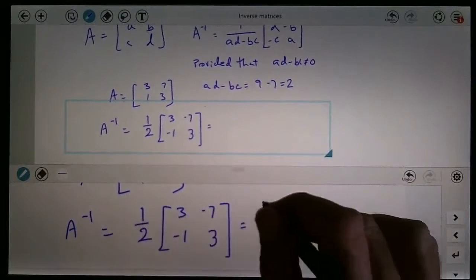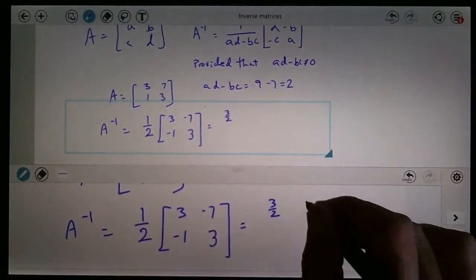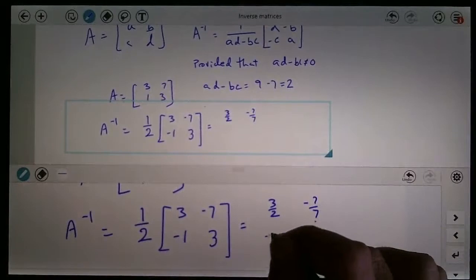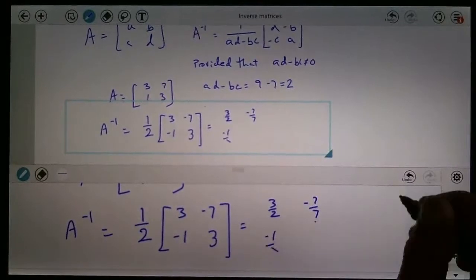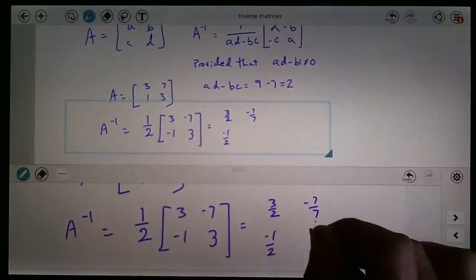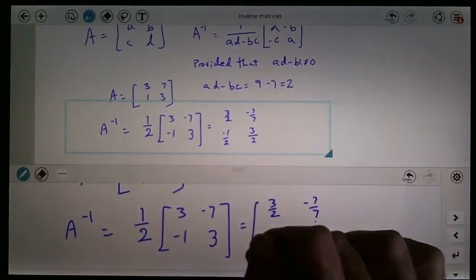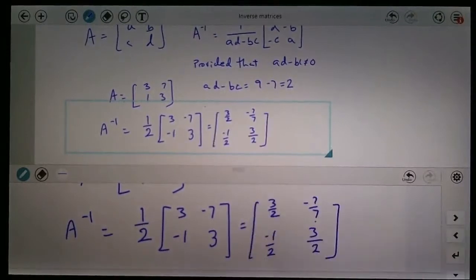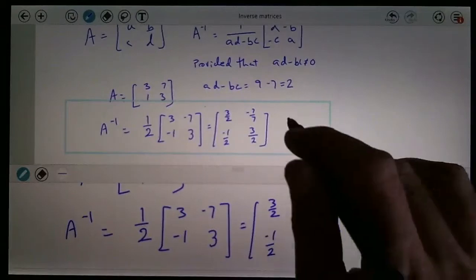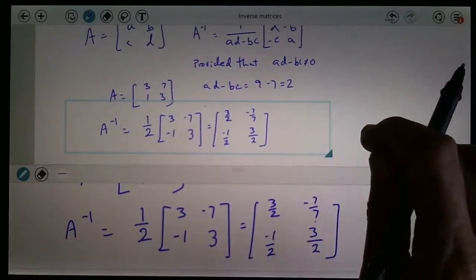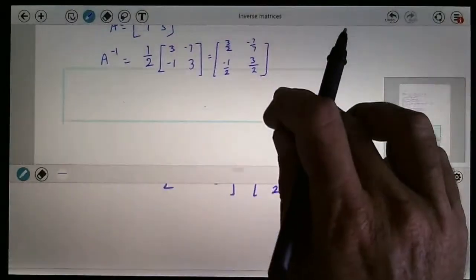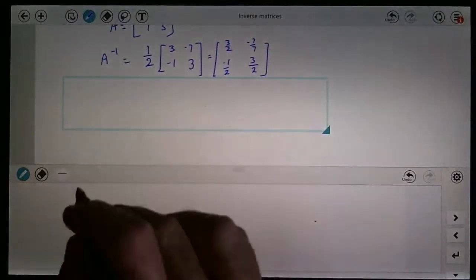So distributing the half in here, I've got 3/2, -7/2, -1/2, and 3/2. And I want to quickly check that this is indeed an inverse to the matrix that I started with. I do have time left on this video, so let's just check it.